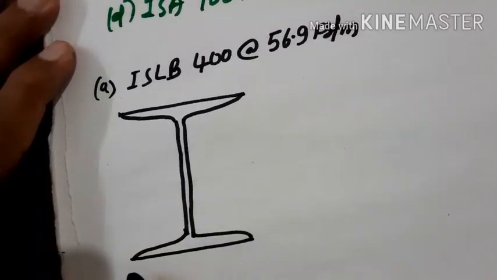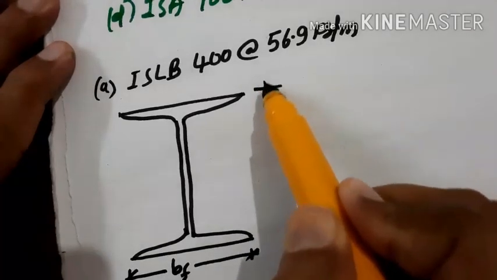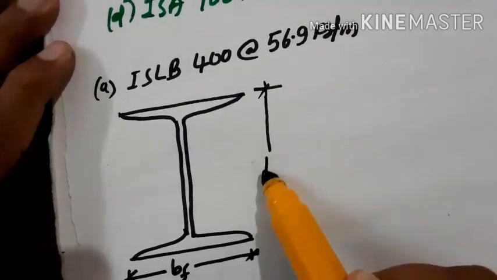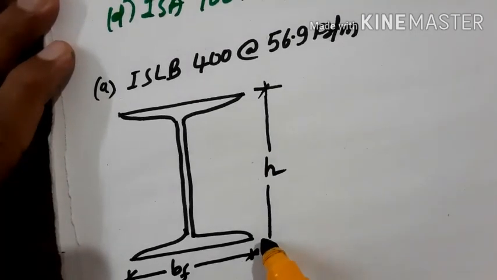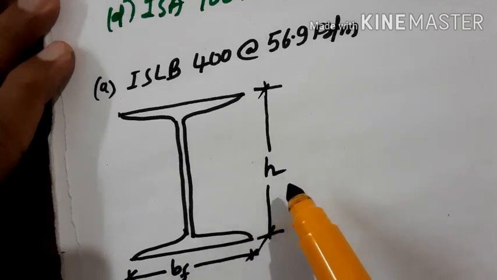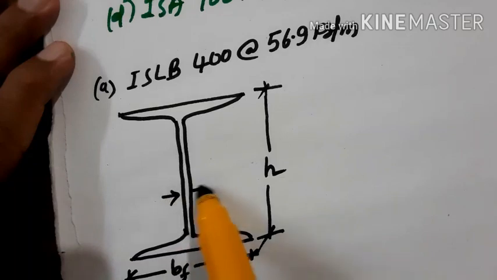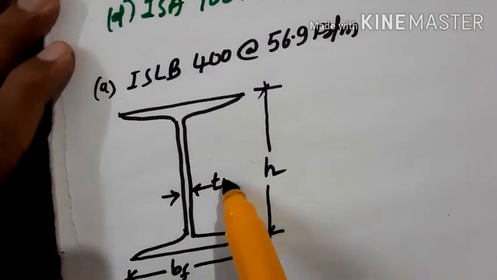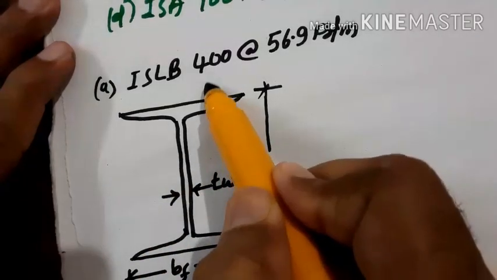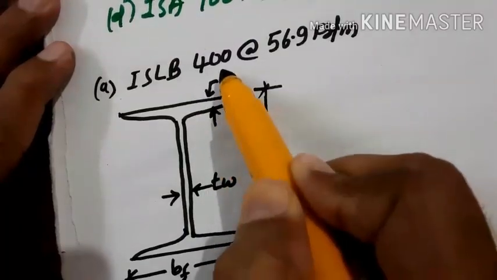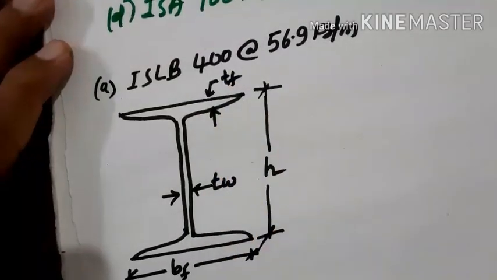This represents the width of the flange, this is the depth of the section, and this is the thickness of web and thickness of flange.